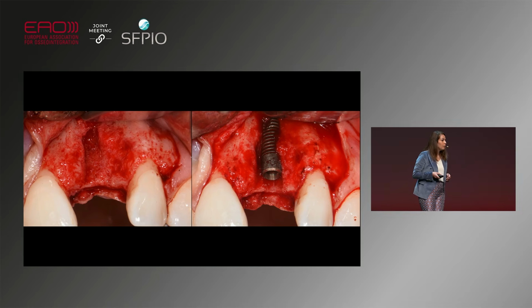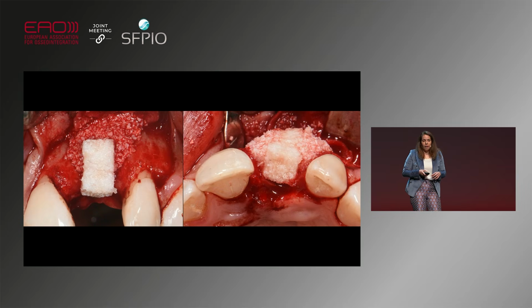So we continued, and we placed the implant with good primary stability. You might think, okay, maybe we could have even done primary bone augmentation, but we continued this way. To compensate for the bone volume, I continued with the L-shaped technique.